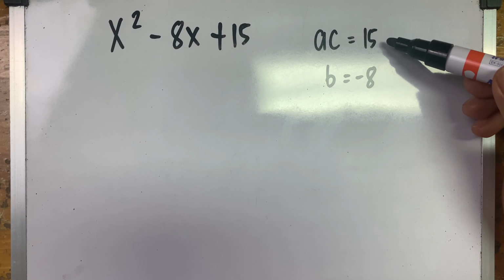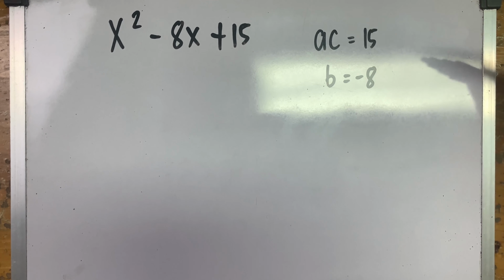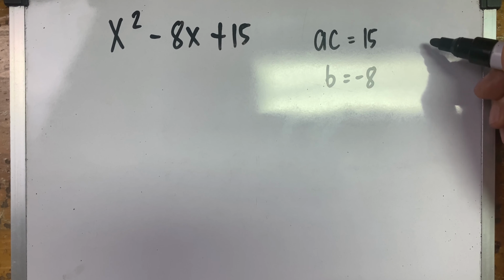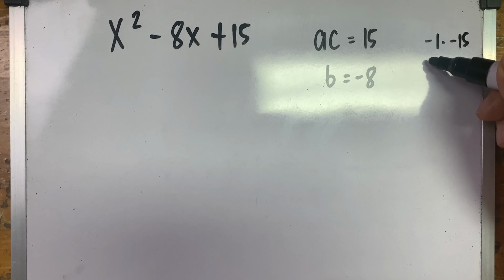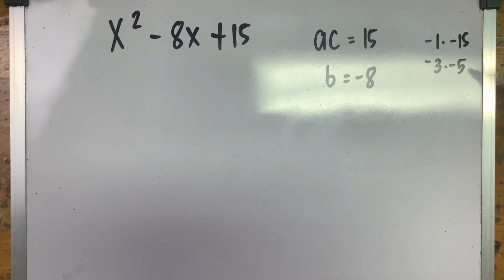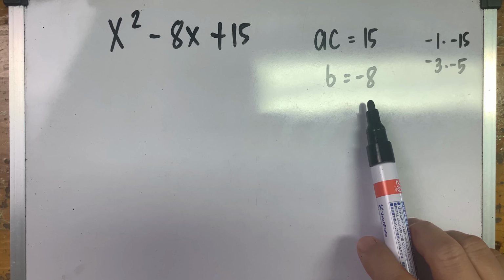So for this number, 15, we have to get the factors, which is negative 1 times negative 15, negative 3 times negative 5. Well, that's all the factors of 15. Okay, now which of the numbers here will give us the sum of negative 8?